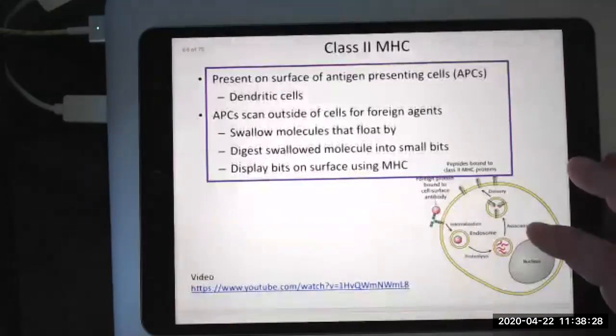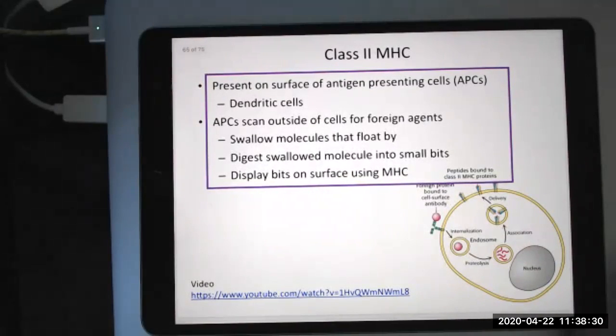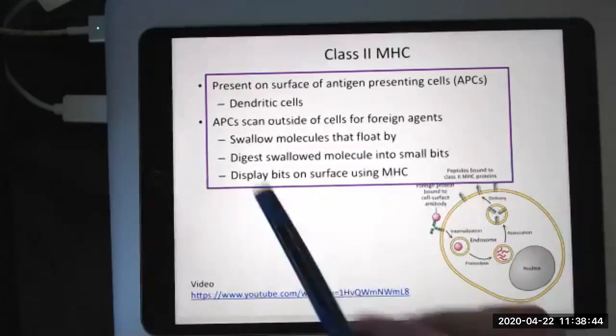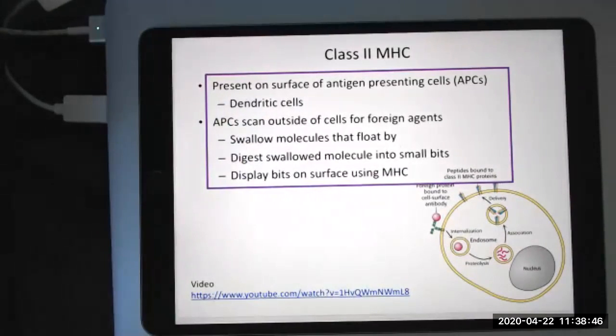The other class is on the lookout for pathogens coming by. It's similar to keeping an eye open, like with the B cells. These are called antigen presenting cells, and dendritic cells are one type.